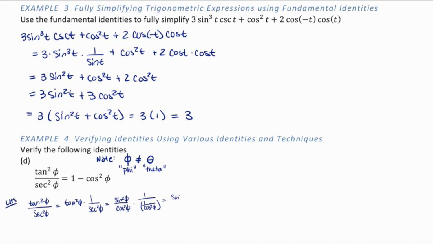So this becomes sine squared phi over cosine squared phi times cosine squared phi over 1. Again, we have factors in common in both the numerator and the denominator. So these become 1, and we're left with just sine squared phi. Using the Pythagorean identity, the basic one, this is equal to 1 minus cosine squared phi.